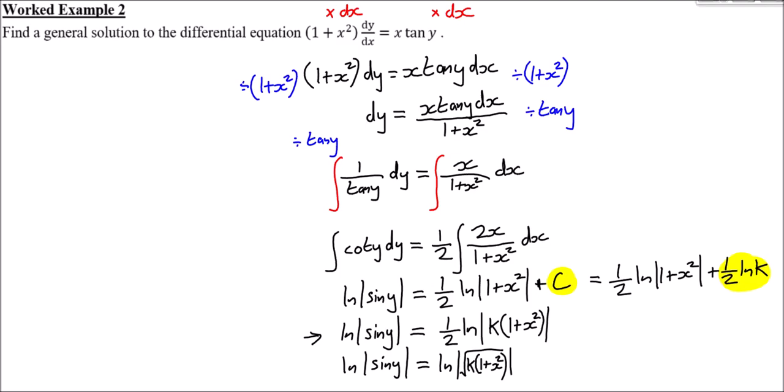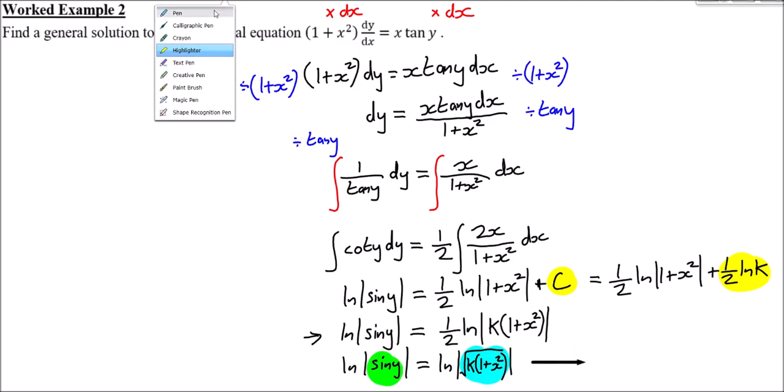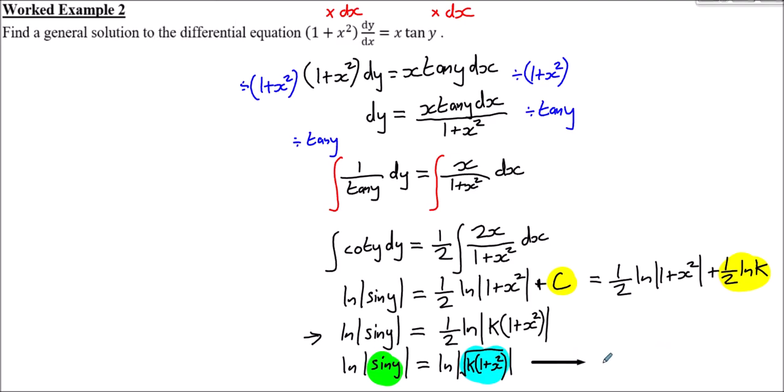That can only be true if sine y itself is exactly the same as root k 1 plus x squared. So therefore we can finish off. We have our general solution. So therefore sine of y equals k root 1 plus x squared.